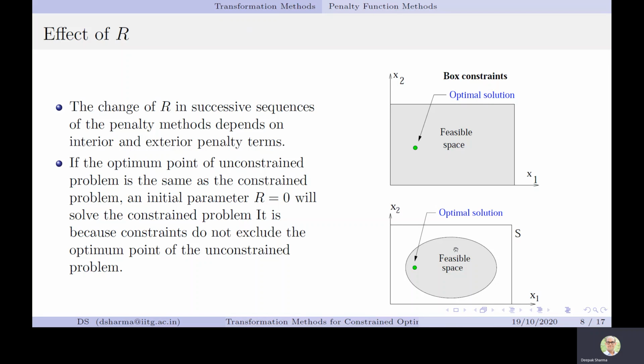Now what we can see here is even though constraints are introduced, our optimum solution remains the same as the previous case. So in this case, even if I take r equal to 0, the algorithm can find this optimum solution because this constraint is not changing our optimum point.